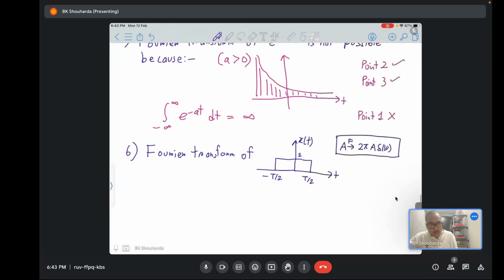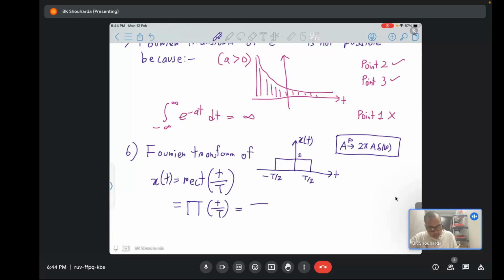This is called the rectangular signal, and is often denoted in this way, or in some books you may see this kind of representation. Everyone has their own way of representing this signal, so wherever you are solving problems or looking at papers, you need to look at the definition that they have given.